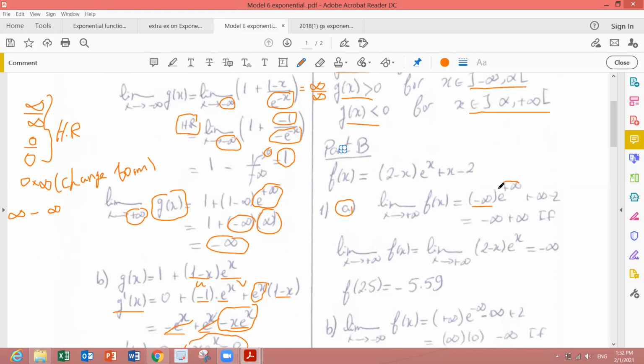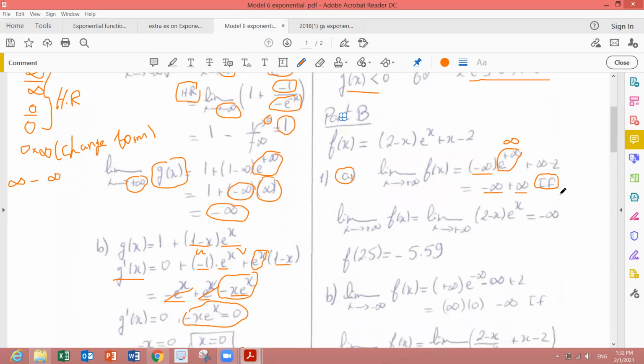e to the power infinity is infinity. Infinity times minus infinity is minus infinity, plus infinity. Infinity minus infinity is an indeterminate form. So I take the limit of the highest power. Of the highest, 2 minus x times e to the x or x?